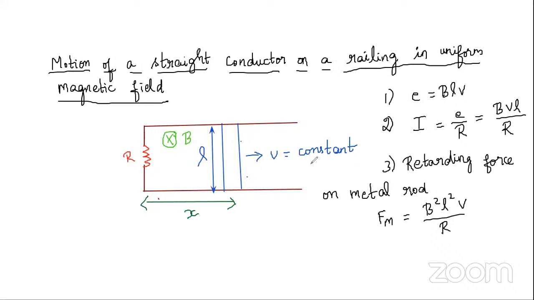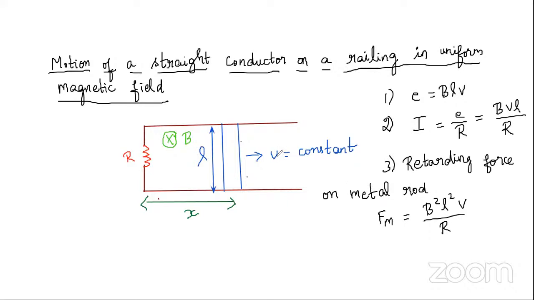So when it has to move with constant velocity v, the retarding force on the metal rod is equal to the mechanical force required for the movement of the rod, the force which is used for moving the rod mechanically. That mechanical force and this retarding force should be equal. Then only there won't be any acceleration of the rod. The velocity will remain constant.